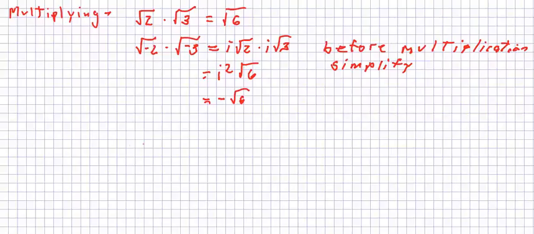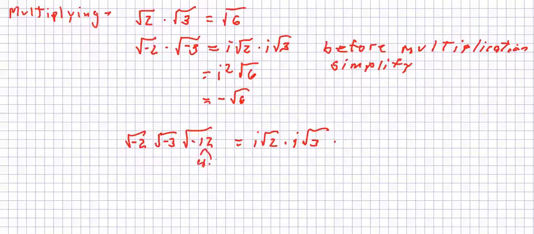Let's look at one more. Square root of negative 2, square root of negative 3, square root of negative 12. Now we have i square root of 2 times i square root of 3 times square root of 12, remember, 4 times 3.